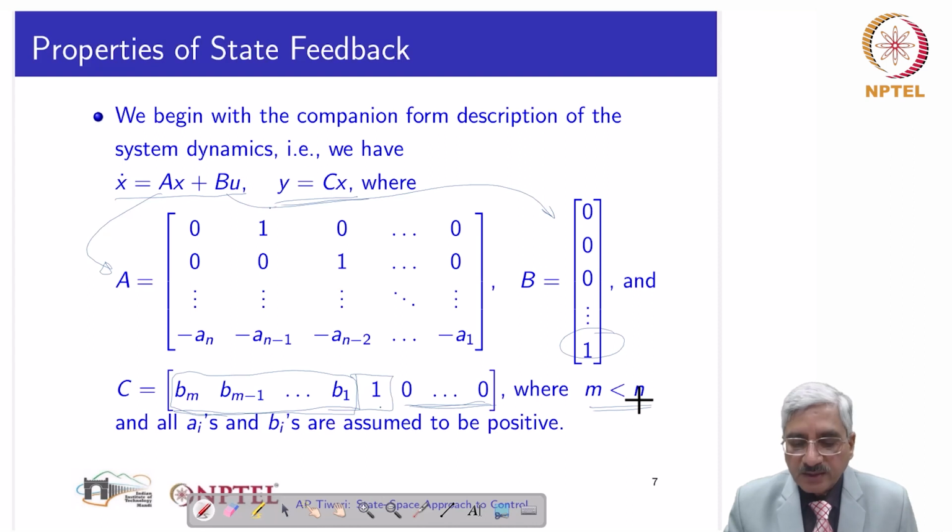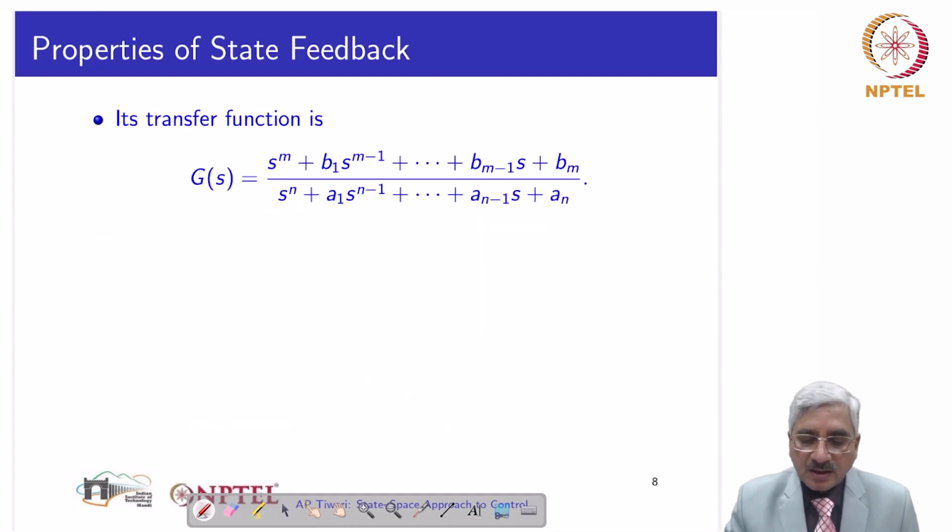So with the help of this description, in which A, B and C are given like this, we will look at the properties of state feedback. What are the various properties of the state feedback? And we will take a classical approach, meaning we will try to show it in terms of the transfer function.